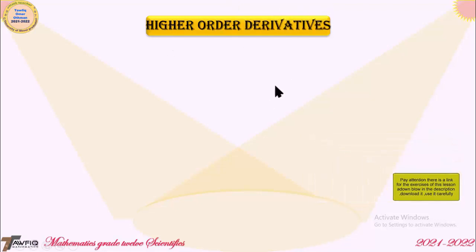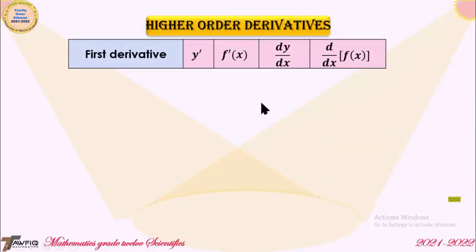Higher order derivative. We write the symbol of the first derivative as y prime, or f prime of x, or dy over dx, and df(x) over dx.